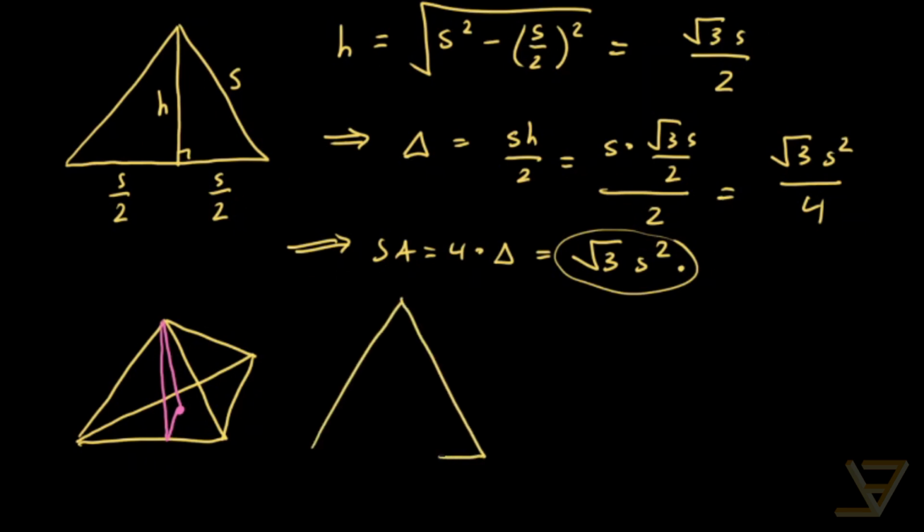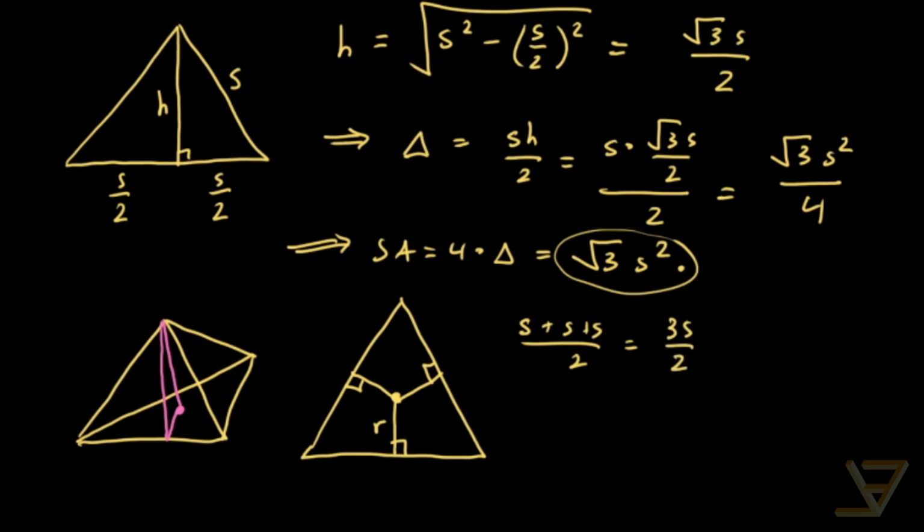for an equilateral triangle. Let's say this is the center of the equilateral triangle, then the inradius is each of these segments. Let's call the length small r. And it's well known that the semi-perimeter, in this case, is just s plus s plus s over 2, which is 3 s over 2.